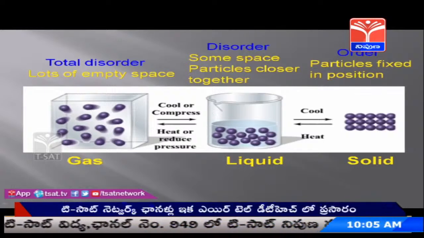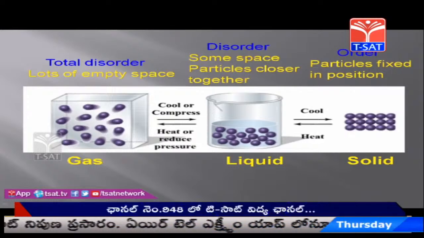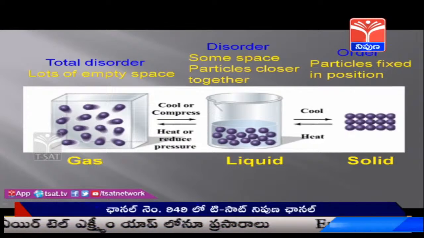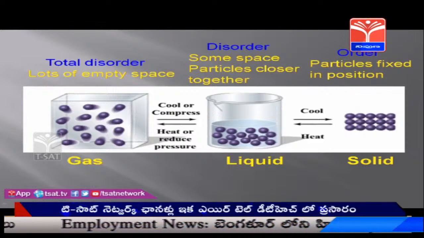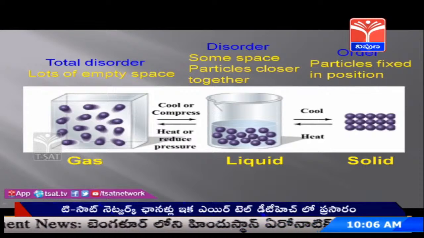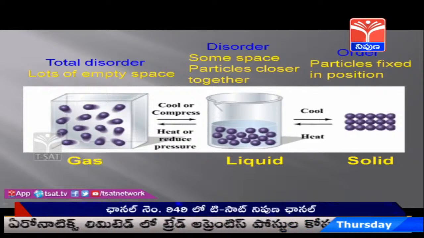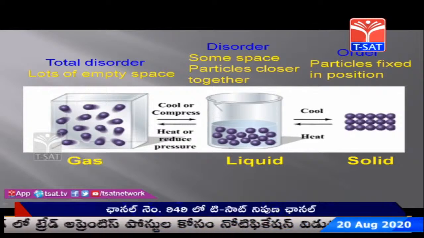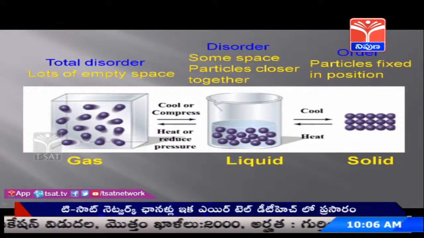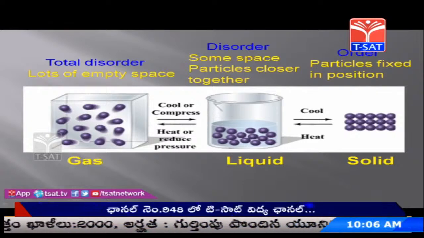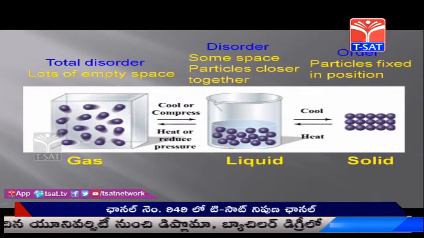See, solids, liquids and gases, whatever the substance is, it consists of atoms or molecules. If the molecules or atoms are bound together very closely, it is called solid, and if the atoms are loosely bound, then it is called liquid state. If the molecules and atoms are dispersed in the medium, it is called gas.